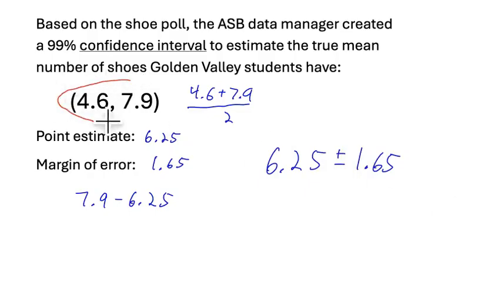So this interval here, 4.6 to 7.9, is the same thing as this interval here, 6.25 plus or minus 1.65. Notice that when we write an interval notation like this, we're not talking about a point. We're talking about a range of values from 4.6 to 7.9.